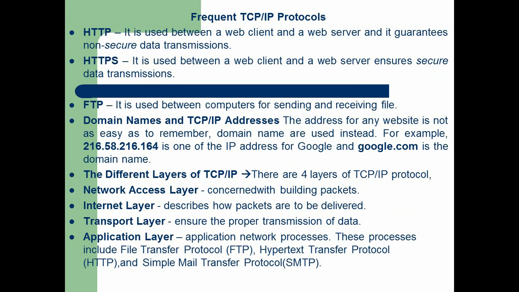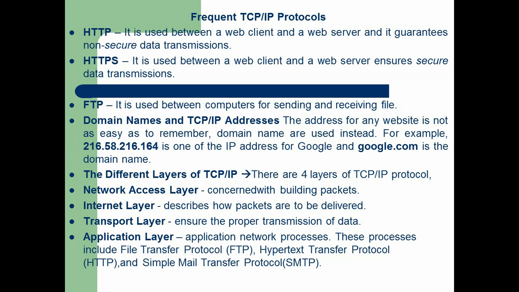Next, frequently used TCP/IP protocols. First is HTTP. It is used between a web client and web server, and it provides non-secure data transmission. So there are different protocols which we use in a network. One of the first is the HTTP protocol, used between a web client and web server, but it is not a secured protocol.